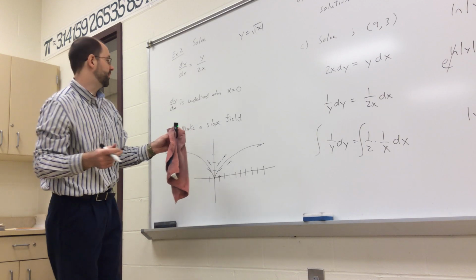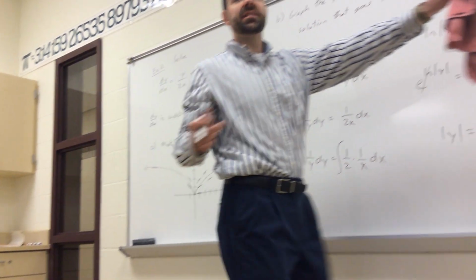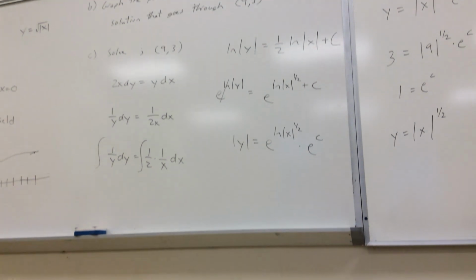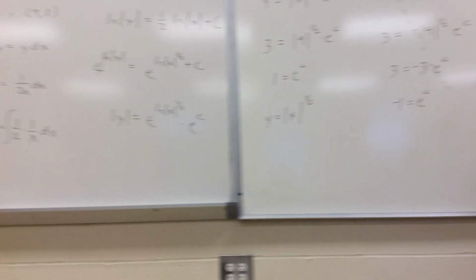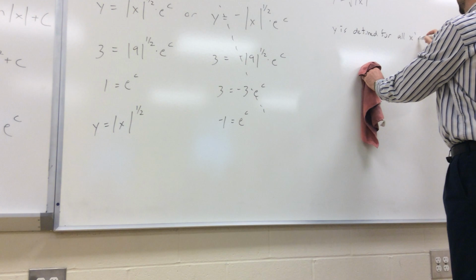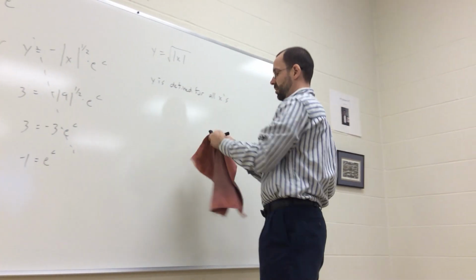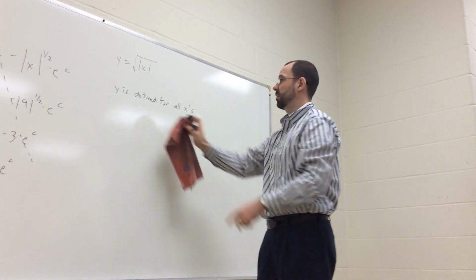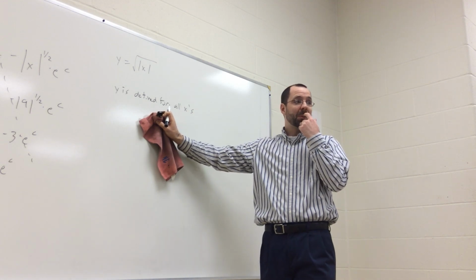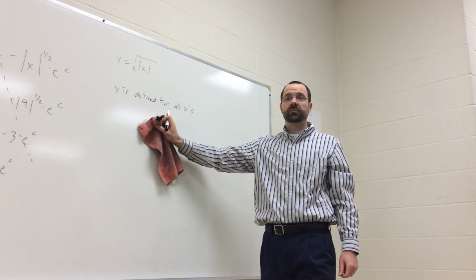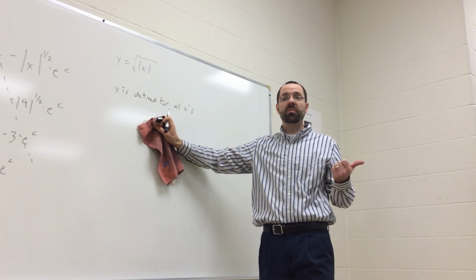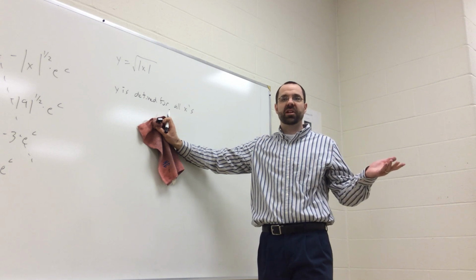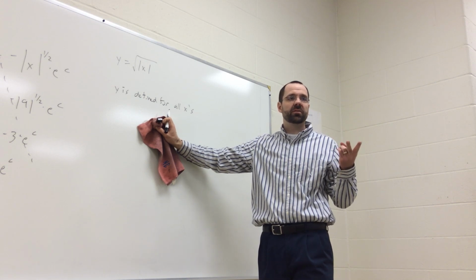Okay, so let's talk a little bit about domain now. Here, the domain is everything, right? So y is defined for all x's. So on the last one, there weren't any problems with either the differential equation or the final equation.